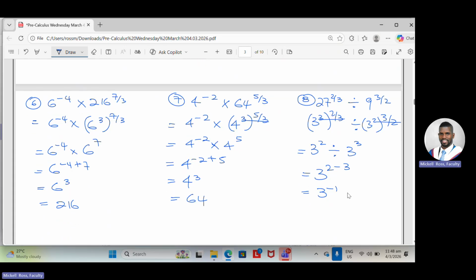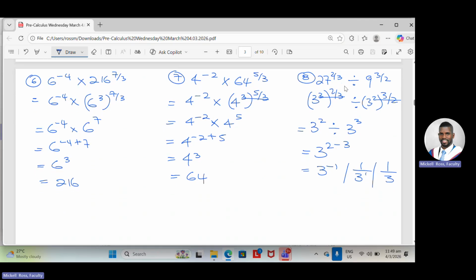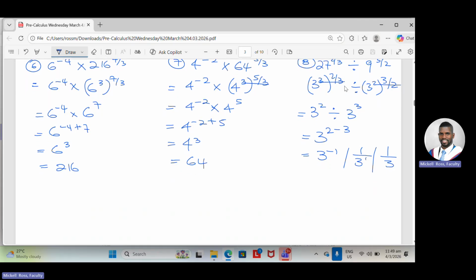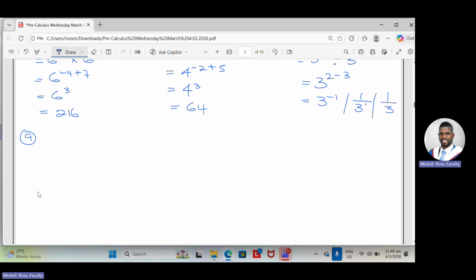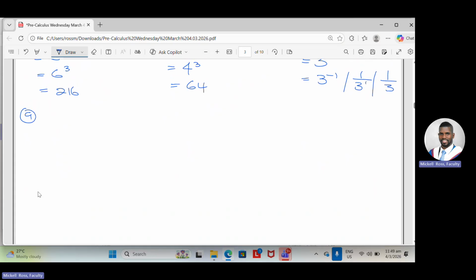You can leave the answer as that, or you can write it as 1 over 3 to the 1, which is the same thing as 1/3. Either of these you can write as your answer, but it also depends on what the question says. The question can say leave your answer in index form, or it can say write your answer without index. It just depends on what the question asks you.